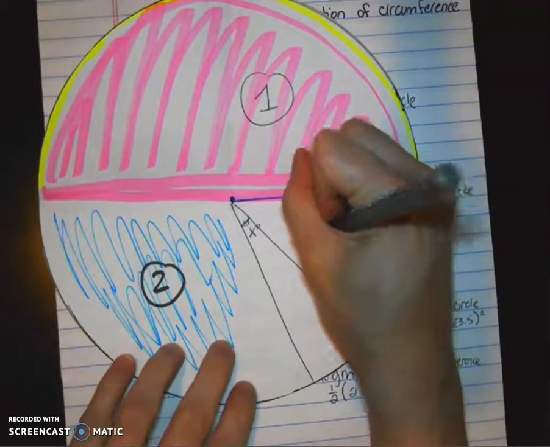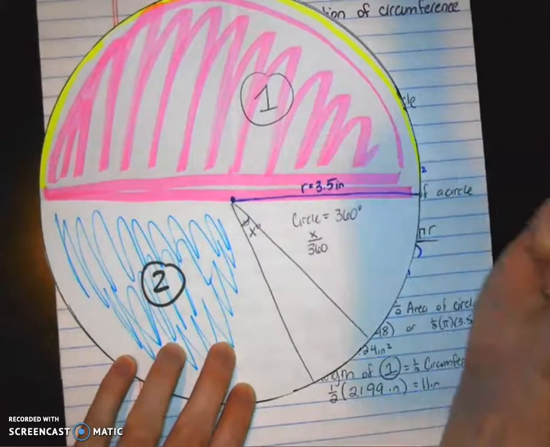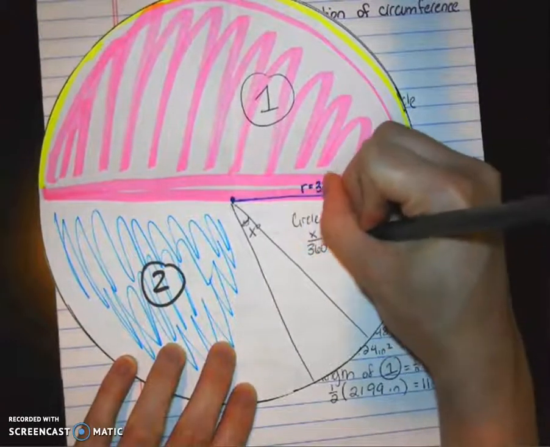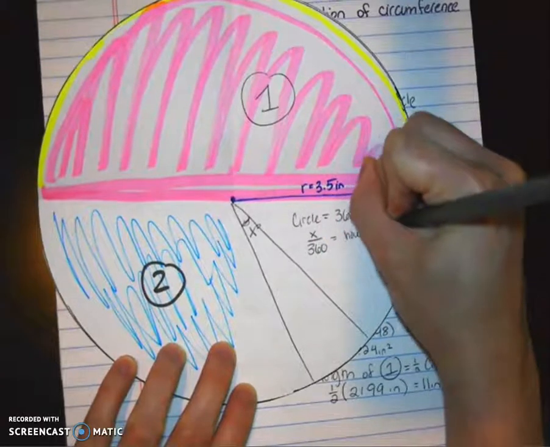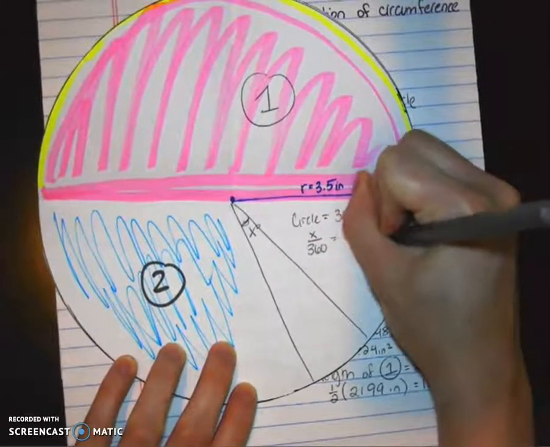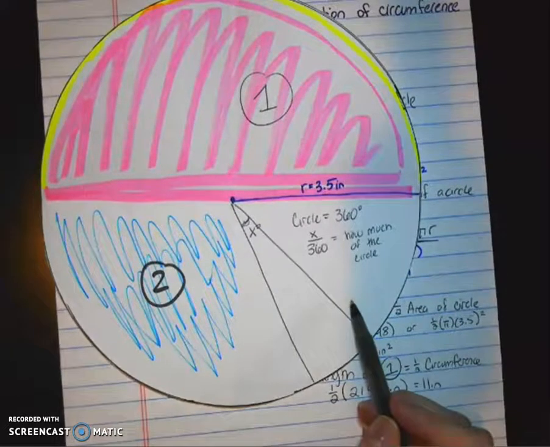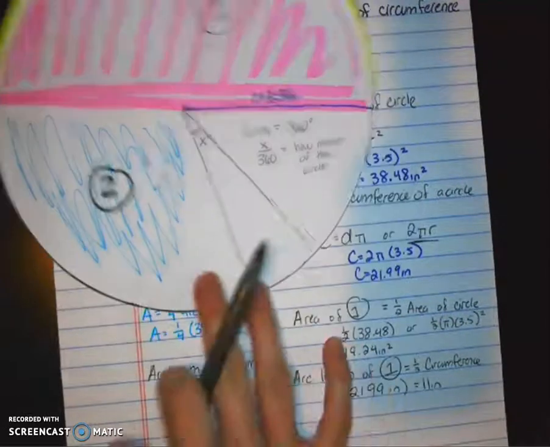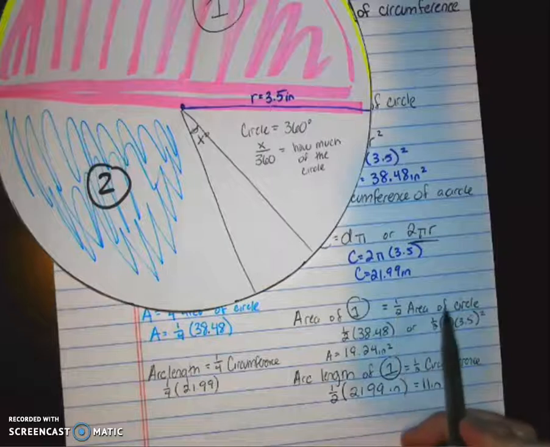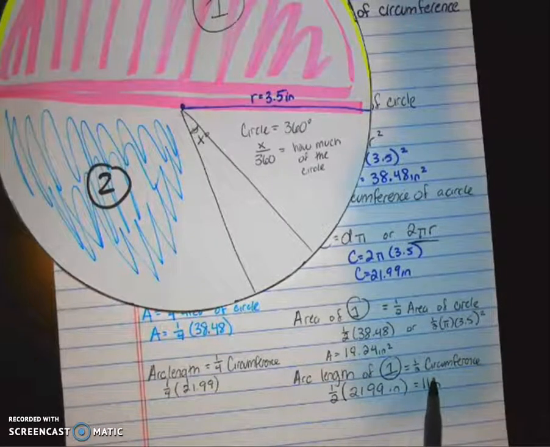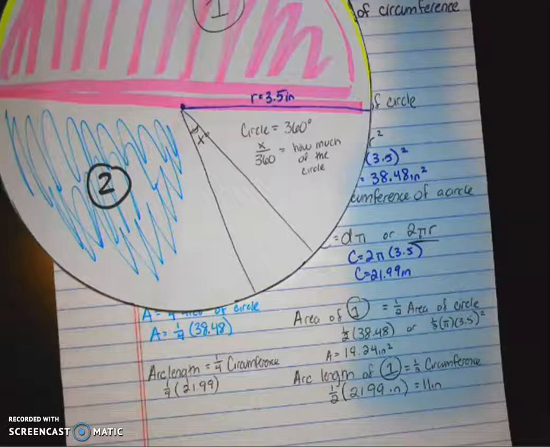So X over 360 will tell us how much of the circle we have. And once we know how much of the circle we have, we can multiply it by the area or the circumference of the entire circle to get our actual values.